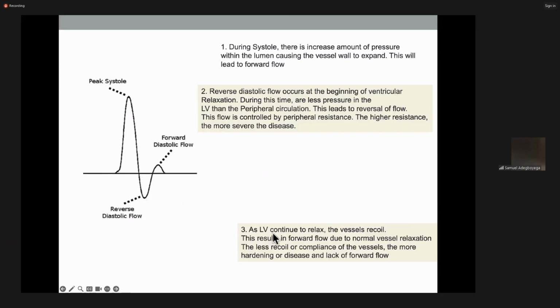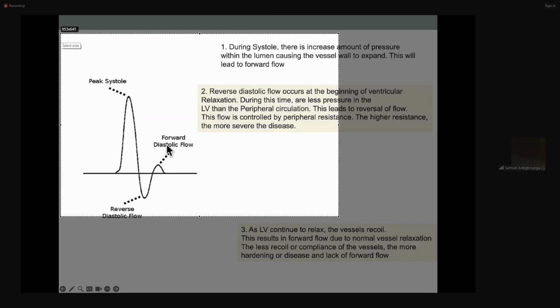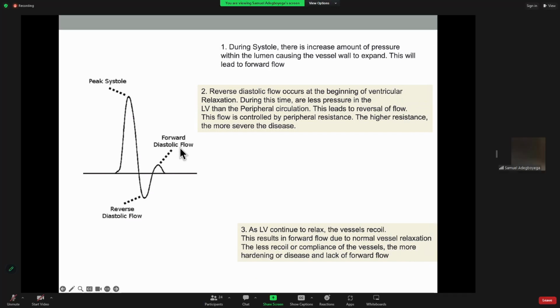Guys, let's read this very well right here. The forward diastolic flow. What's really happening? The vessel is recoiling. That means the compliance of the vessel is very high. The vessel is recoiling. Can a vessel recoil when you have calcification?